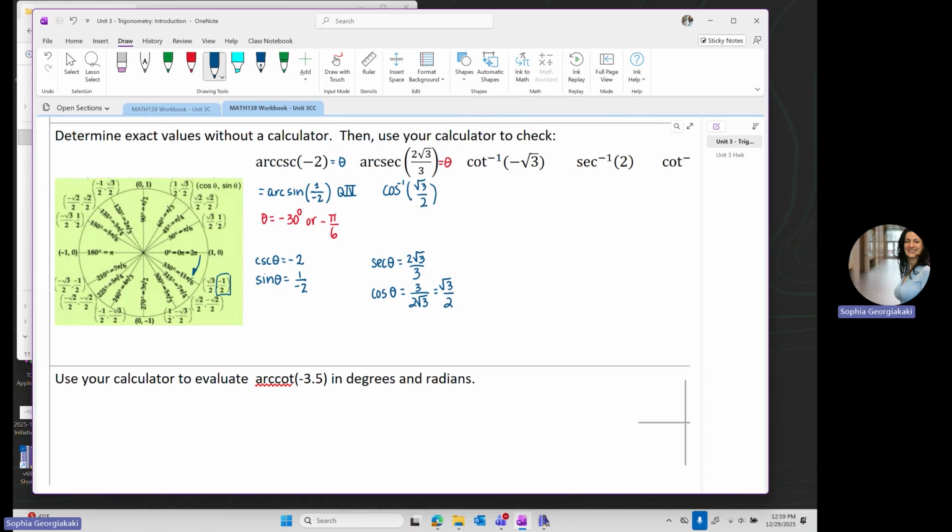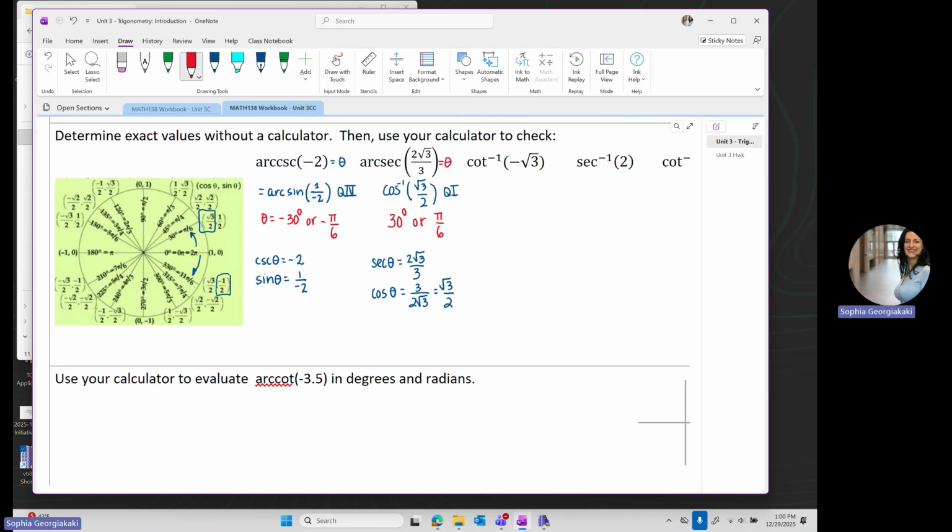Inverse cosine returns angles in quadrants 1 and 2. This is positive, so it's an angle in quadrant 1. And I'm looking for an angle that has cosine square root of 3 divided by 2 and is in quadrant 1. And that angle is 30 degrees or pi over 6.